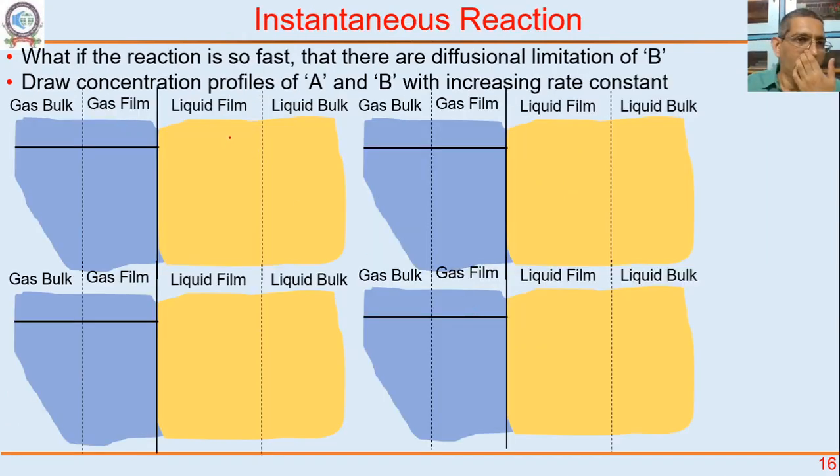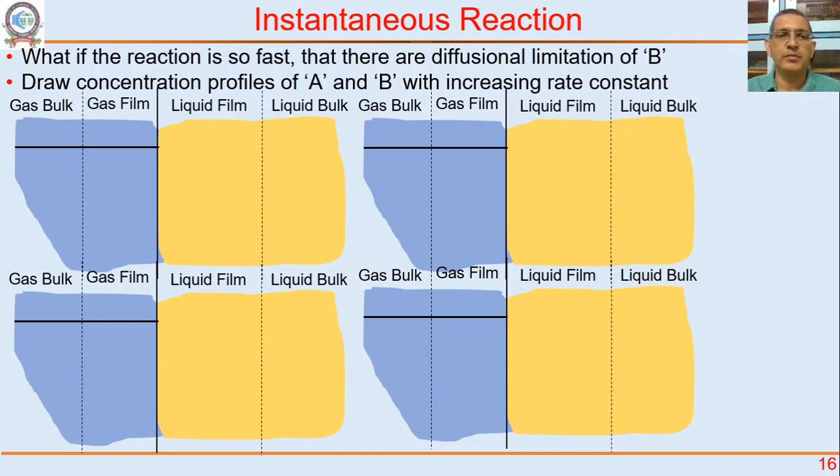Okay. Now imagine that reaction is so fast that it consumes B at a very rapid rate, at a rate more rapid than the rate at which B can diffuse. So B naught cannot be now constant. If you do that, I wanted to draw concentration profiles with increasing rate constant.